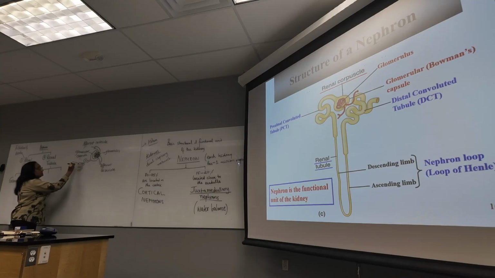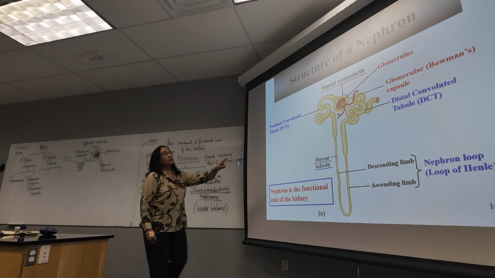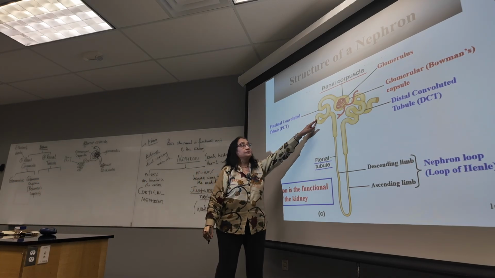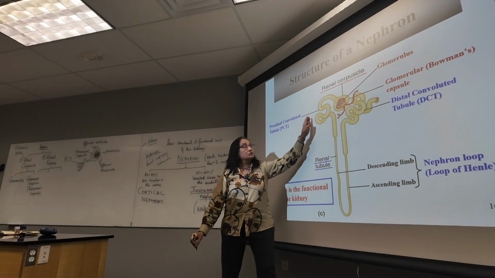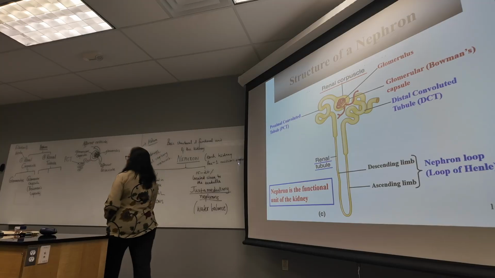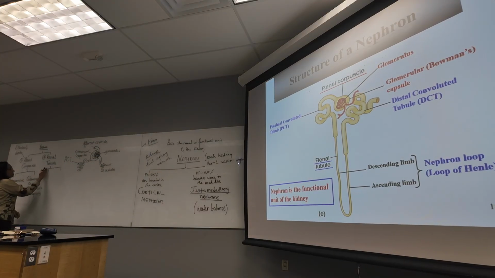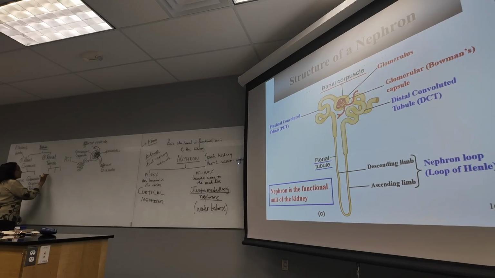This is called proximal convoluted tubule. Convoluted means twisted or coiled. Proximal, why? Because it's close to the cup. So it's called proximal convoluted tubule, PCT. So renal tubule, the first part is PCT.